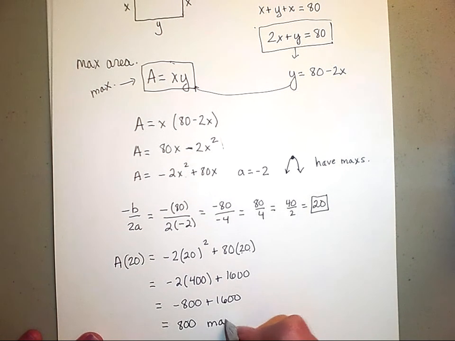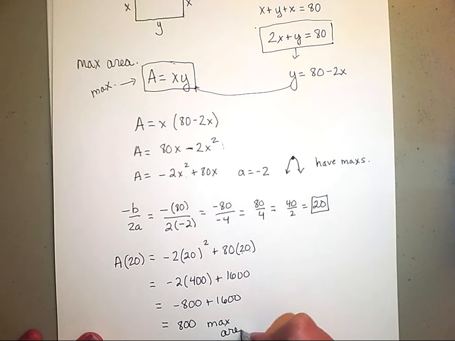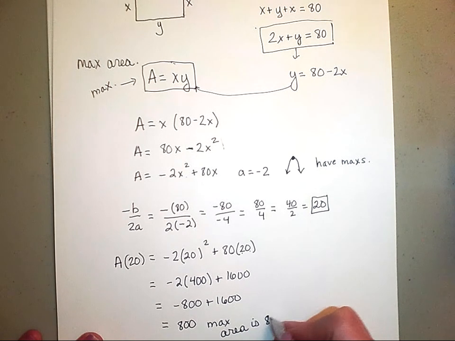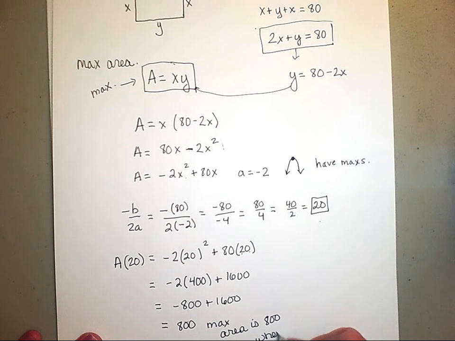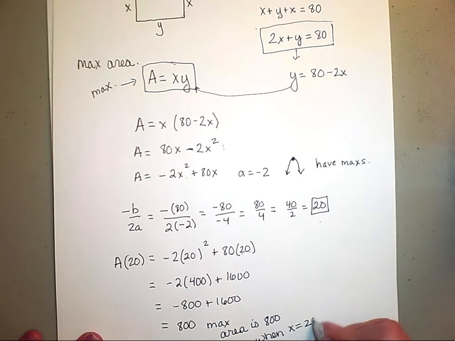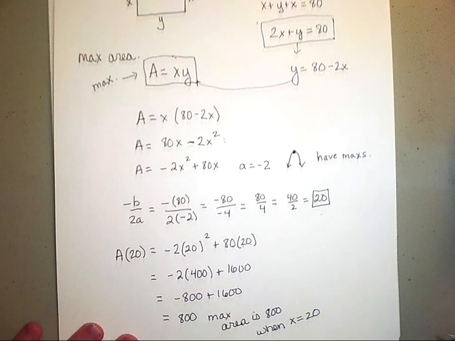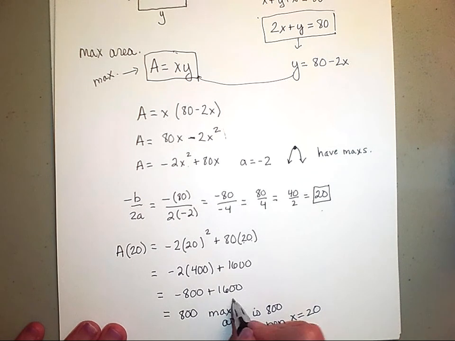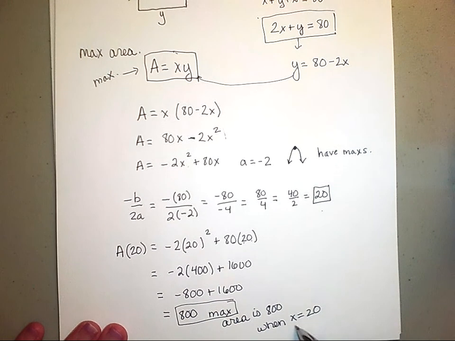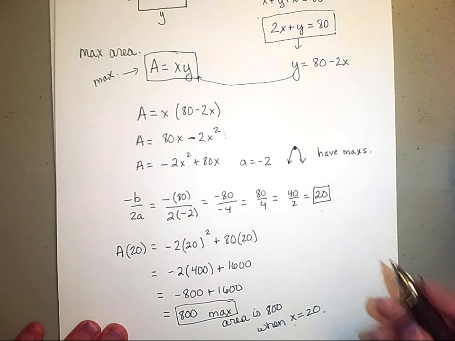Okay. So the max area is 800, and that'll happen when x equals 20. Okay, so 20 feet or whatever we're working in. So this is our max area. It'll happen when x is 20.